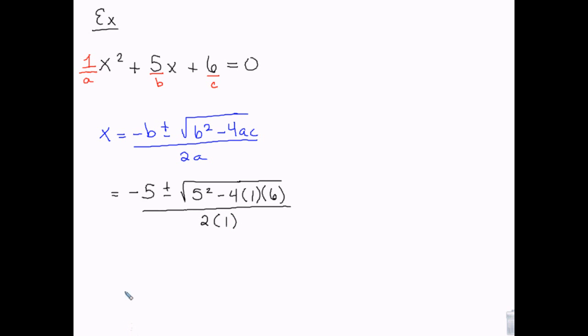Okay. We have to work everything inside the radical first. So everything under here has to be done first. Okay, so 5 squared is 25. 4 times 1 is 4, times 6 is 24, so minus 24.